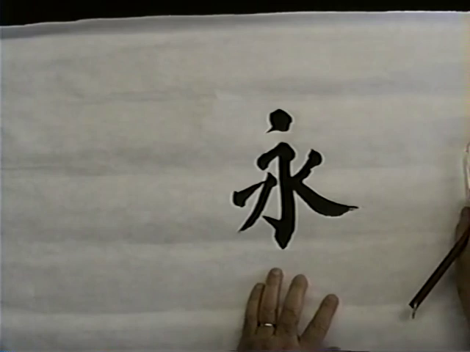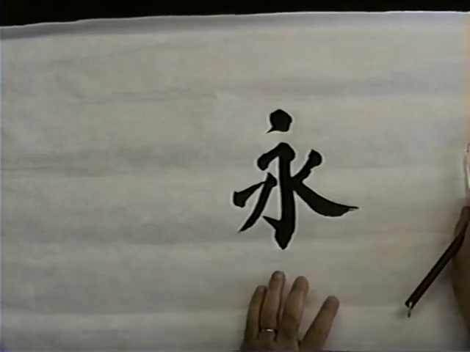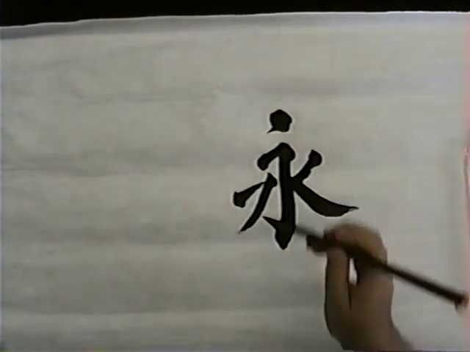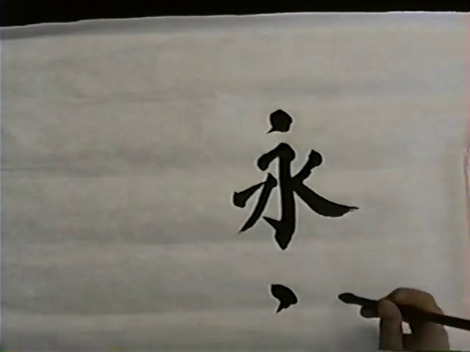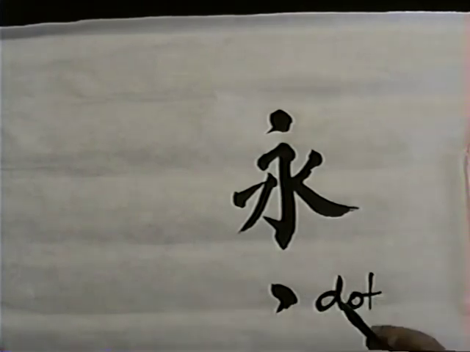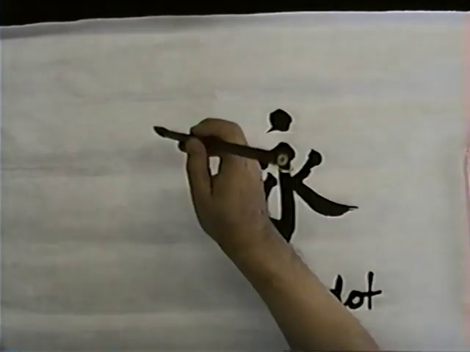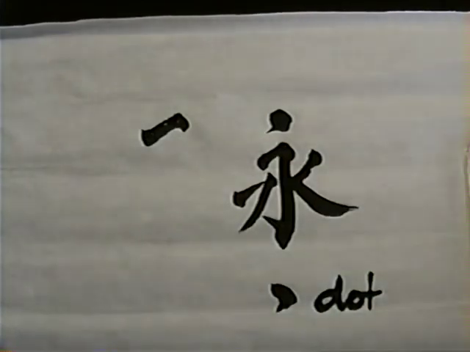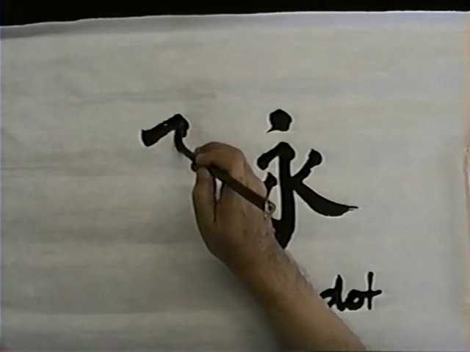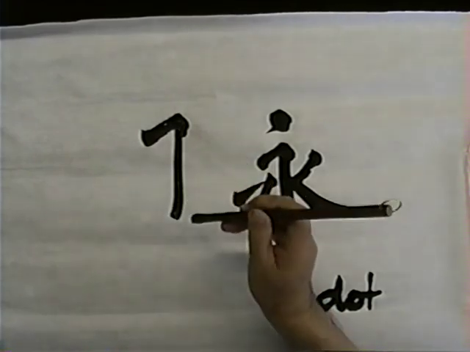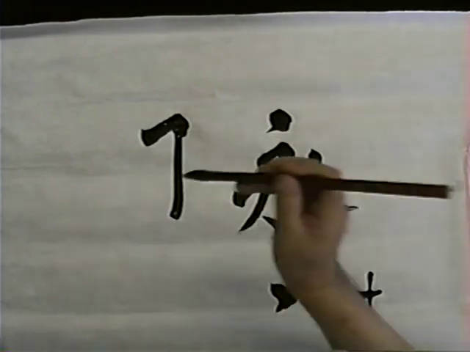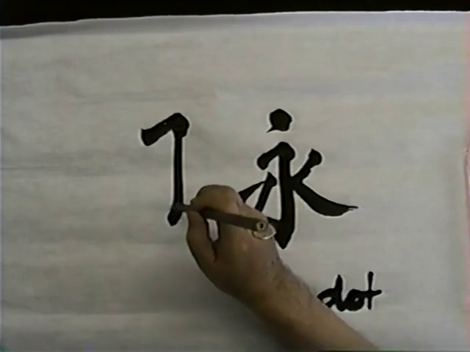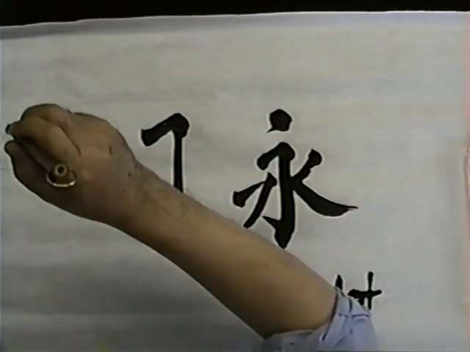This character pronounced Yung means everlasting, means forever. There are 8 different kinds of strokes. The first thing is here, and this is a dot. And the second will be a horizontal line from left to right. Then after that, a vertical line down to the lower part.